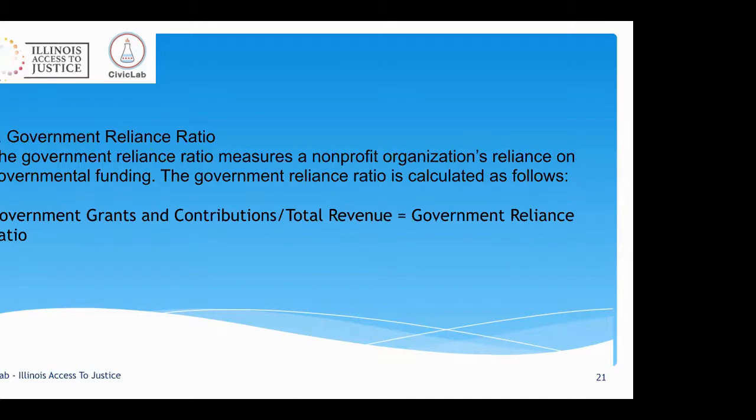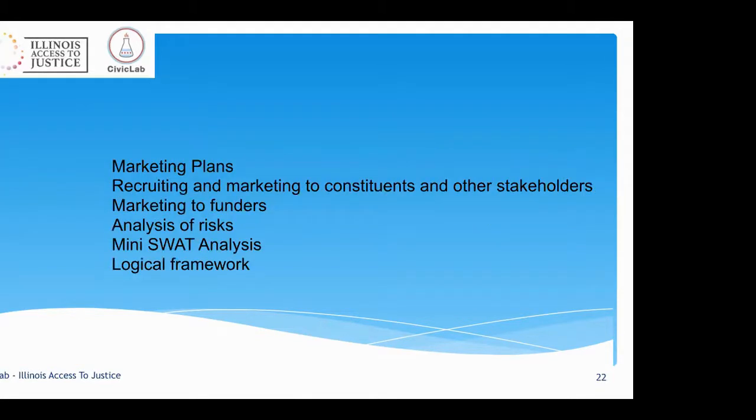So if it's the sustainability of the program, if it's something that is really tightly aligned to your mission, something that you want to continue, and you want to continue whether or not your present funding stays the same or is reduced, you really want to watch that government reliance ratio, both for your organization overall and for the particular program you're talking about.